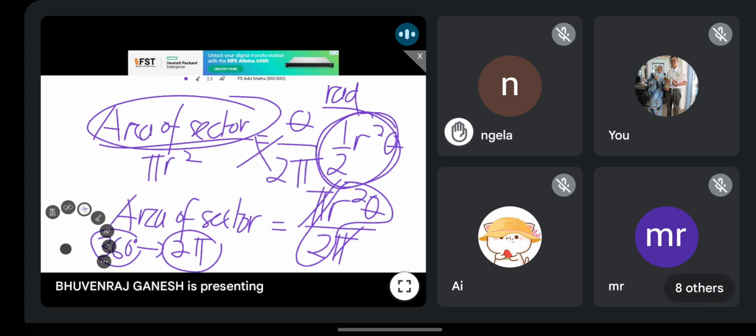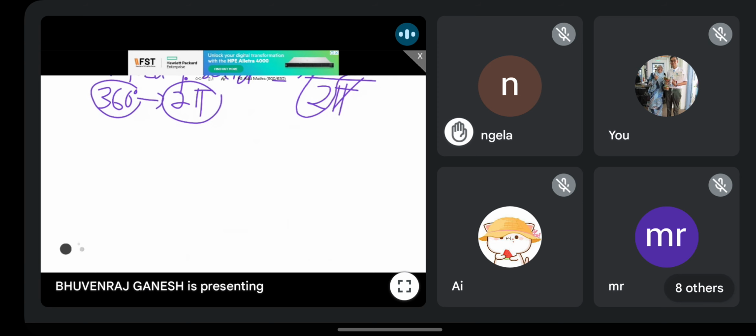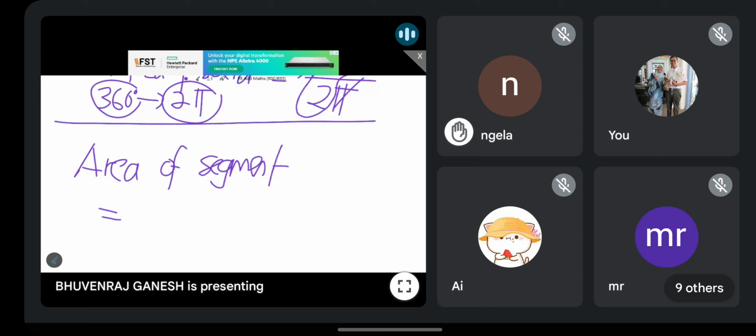Okay, this part. So guys, can anyone tell me luas tembering, area of segment? Does anyone remember what is the formula yang kita guna? What is the formula to count area of segment, luas tembering? Ada satu rumus.